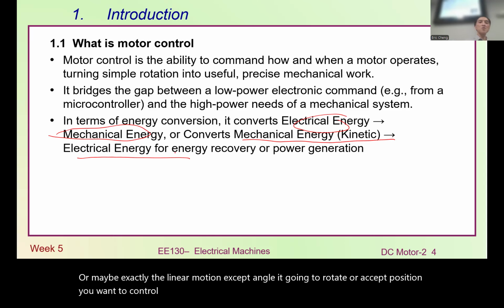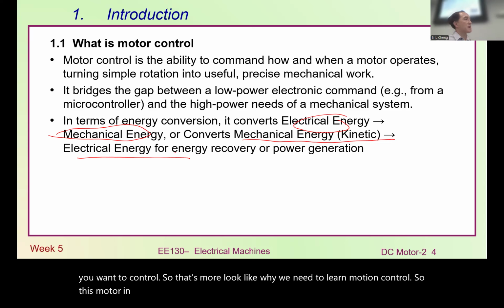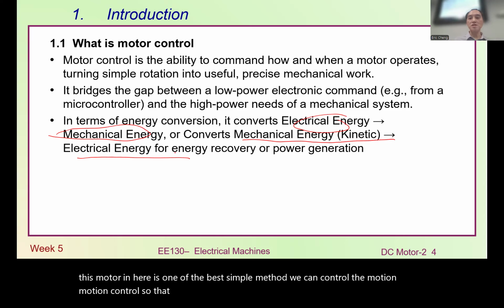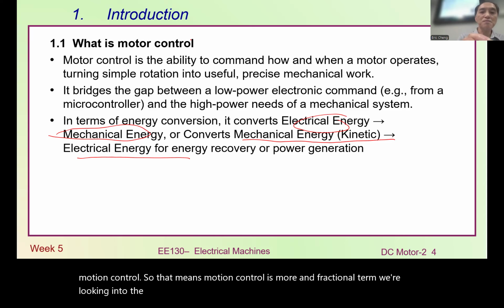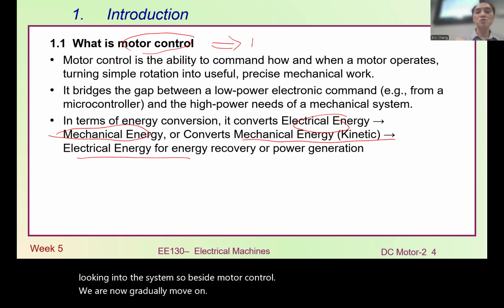That's why we need to learn motion control. The motor here is one of the simplest methods we can use for motion control. Motion control is more of a functional term, where we're looking into the system. So besides motor control, we are now gradually moving on to motion control.